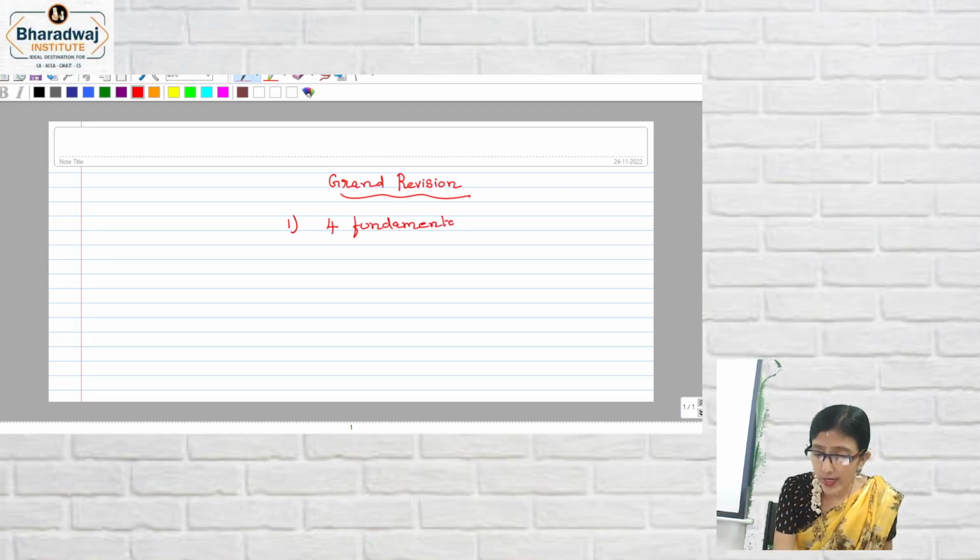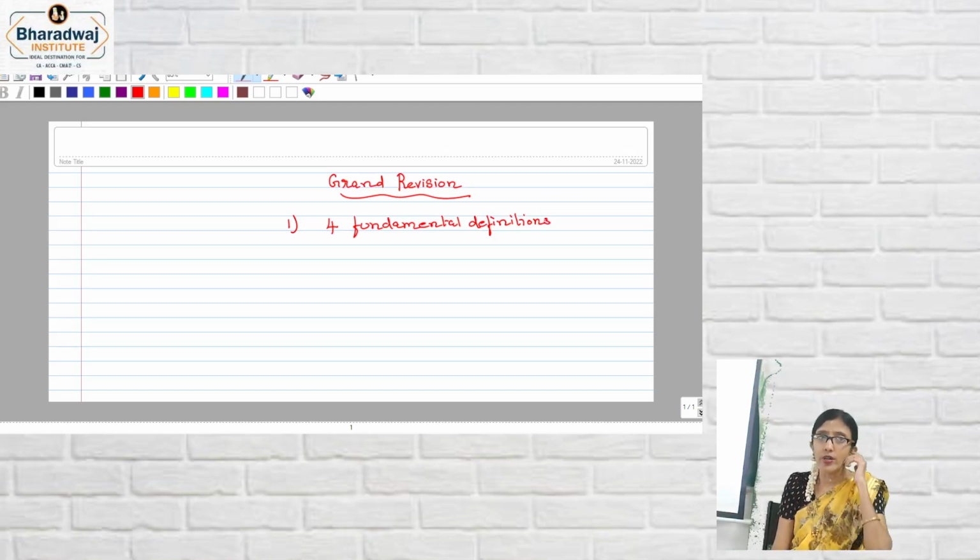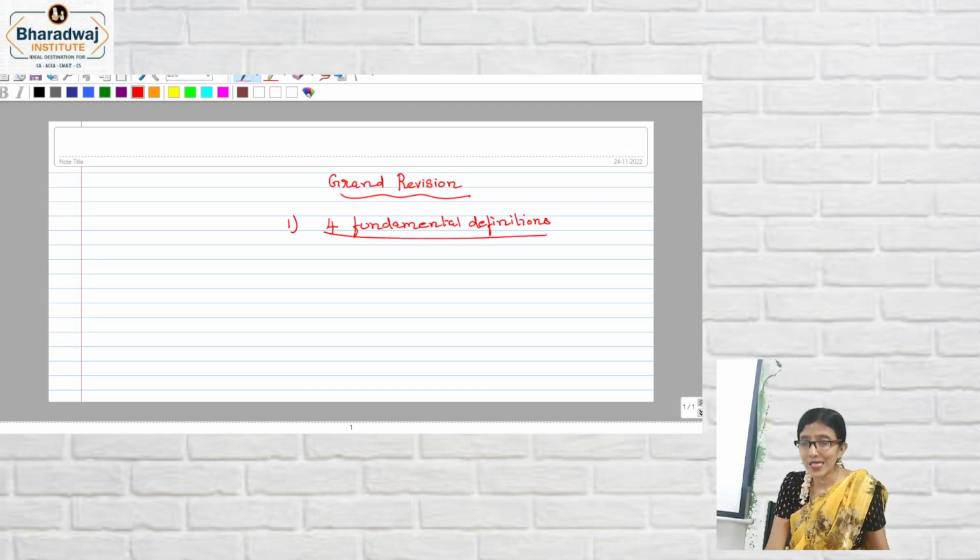Dear students, these fundamental definitions are the basis for any economic theory or discussion. So don't think of this as out of portion or out of syllabus. In your book, for instance, the name of Adam Smith with his publication would be given, and as a corollary, we have 3 other definitions.